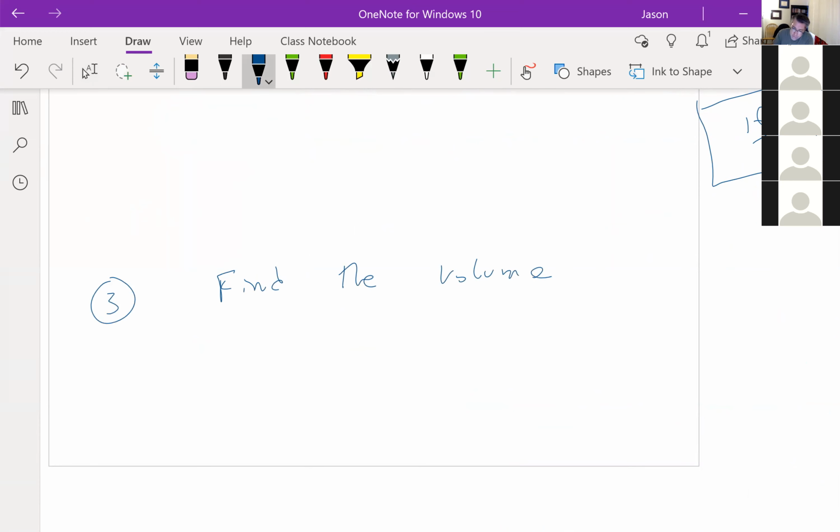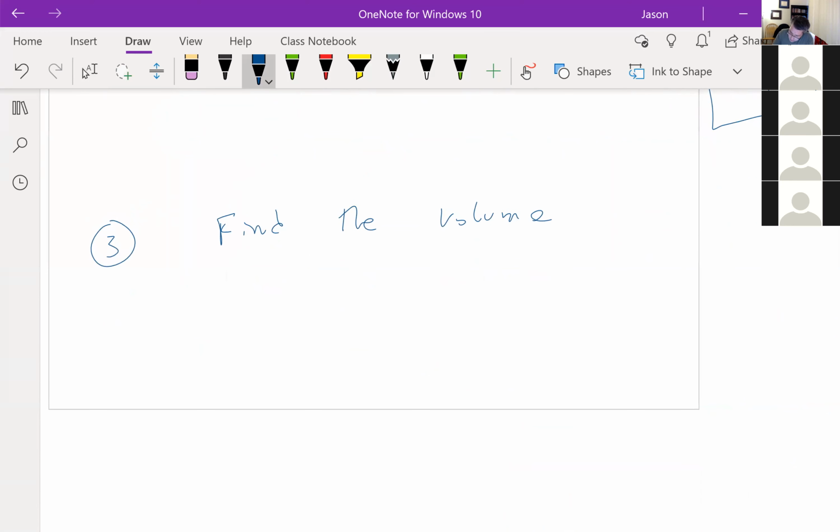Find the volume under the tetrahedron that we did earlier, from example 2.